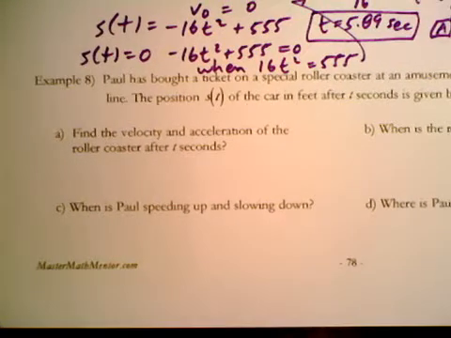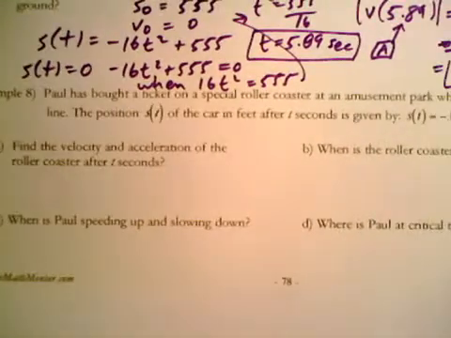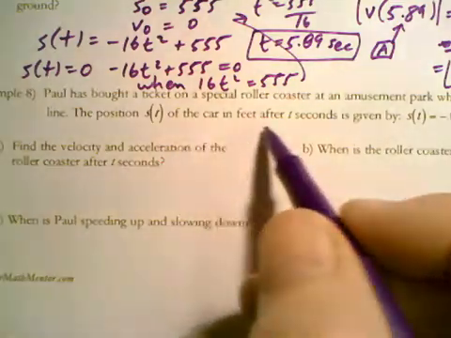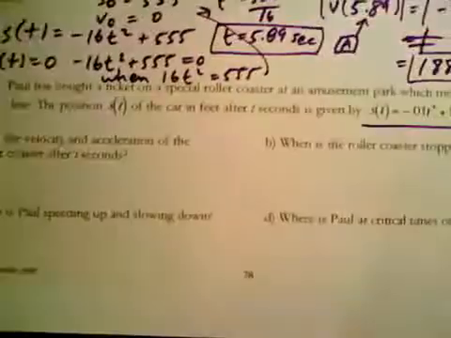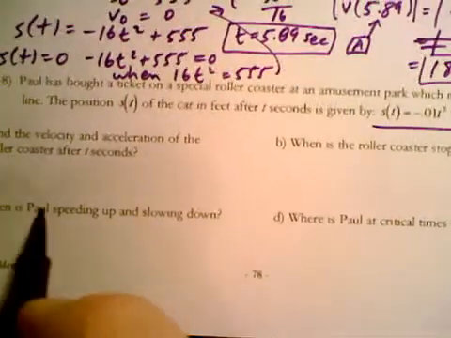Paul has bought a ticket on a special roller coaster at an amusement park, which moves on a straight line. The position of the car in feet after t seconds is given as this, for 0 to 120. So for the first 2 minutes, okay, velocity and the acceleration of the roller coaster after t seconds.